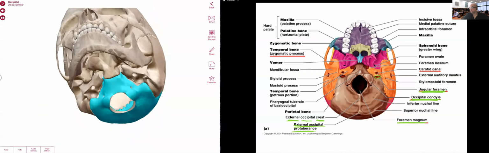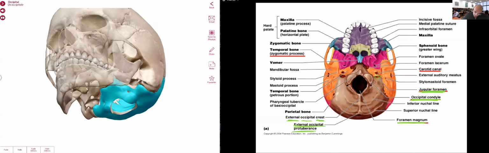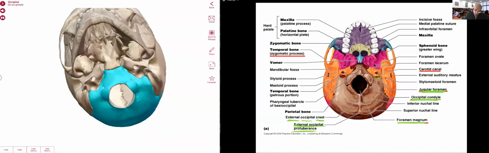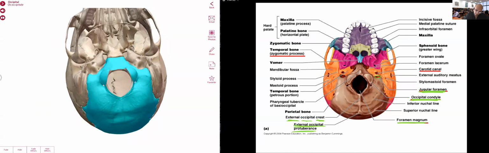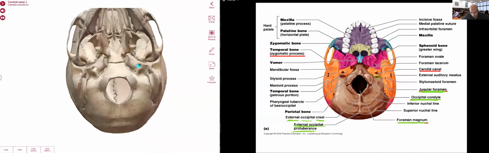All right, so we're looking here. This is my occipital condyle. It's deeper to it, means it's covered by the occipital condyle. It's large and irregular. When we compare it to other foramens, like for example here, the carotid canal, you see it's circular and it has a depth.